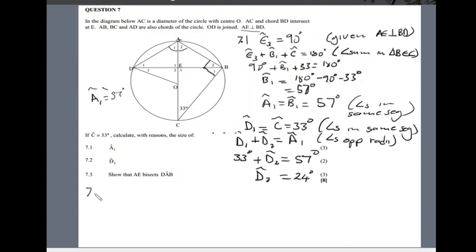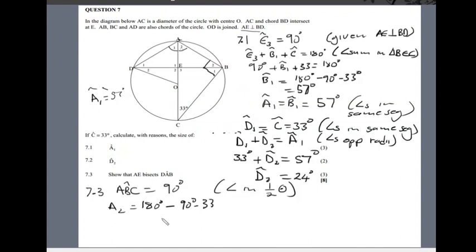So 7.3, I'll say the angle ABC, which is this angle B1 plus B2, is equal to 90 degrees. Reason: angle in a semicircle, right? And then in triangle ABC, I will have A2 equals 180 degrees minus angle B, which is 90, minus angle C, which is 33.